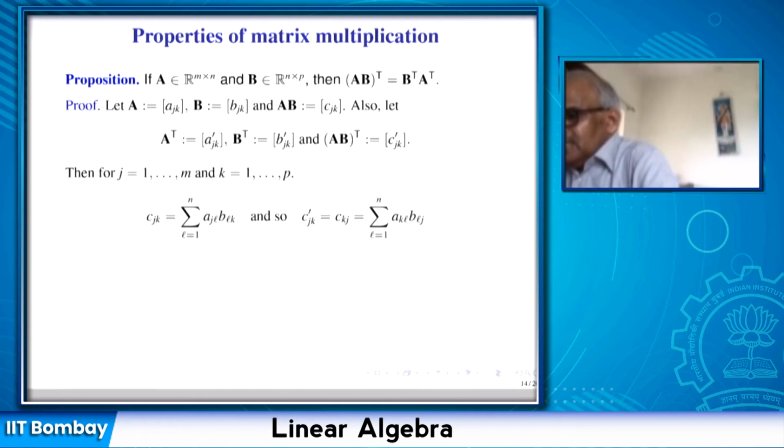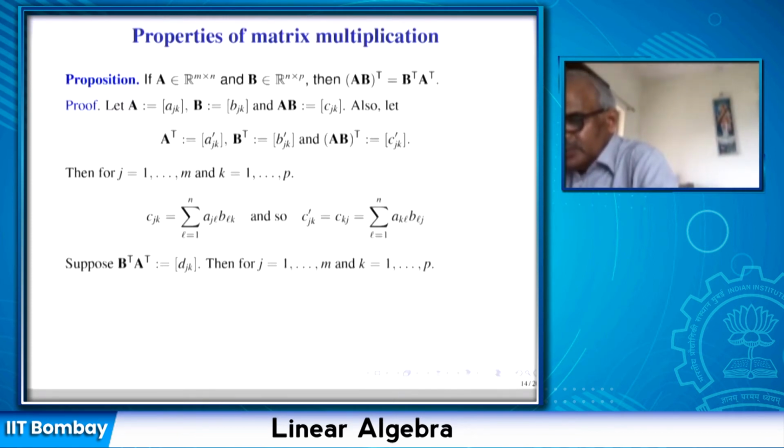Similarly, CJK prime is the JK entry of AB transpose. The JK entry of AB transpose is the KJ entry of A times B by the definition of transpose. The KJ entry of A times B is actually CKJ, which is the sum of AKL times BLJ. And similarly, you can take B transpose A transpose.